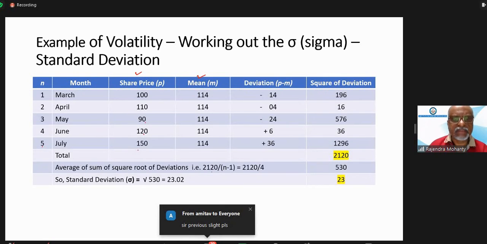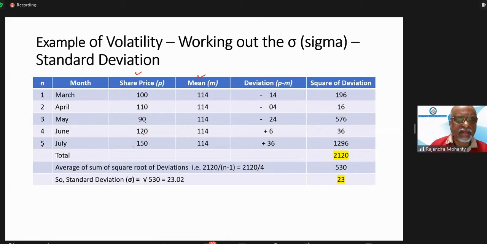I have calculated the total as 570. So 570 divided by 5 is the mean, so 114 is the mean price. Or I can say that over 5 months the prices are fluctuating, and the average price is 114. Clear or not? This mean is okay.